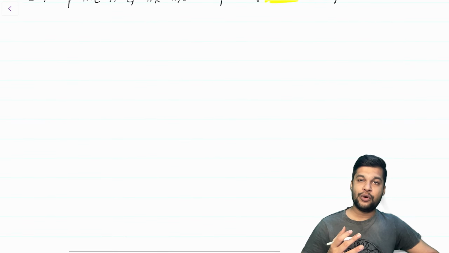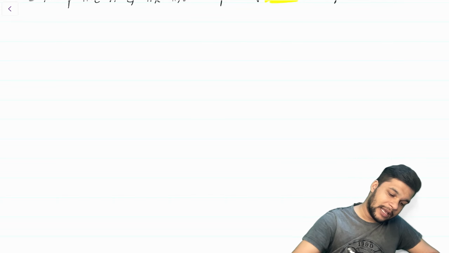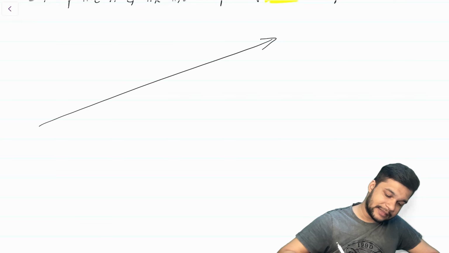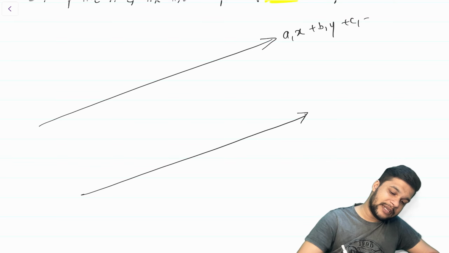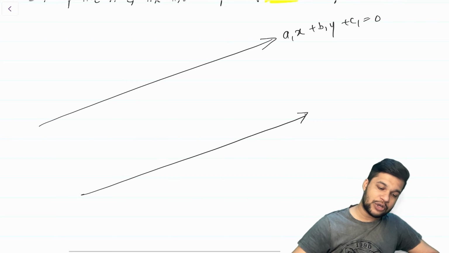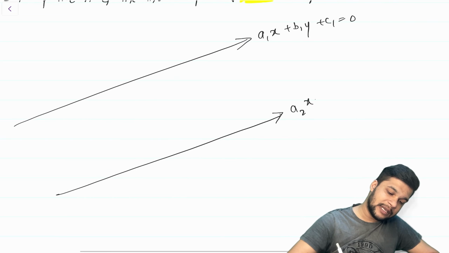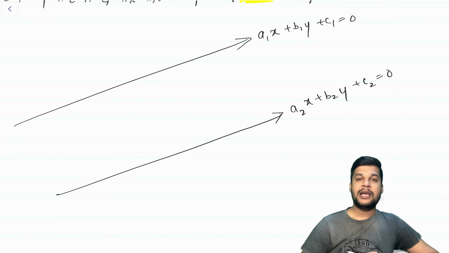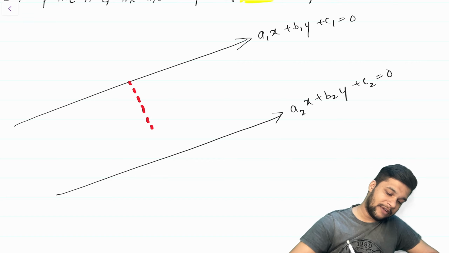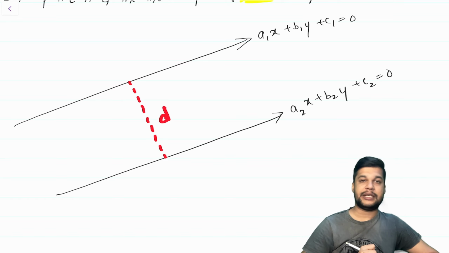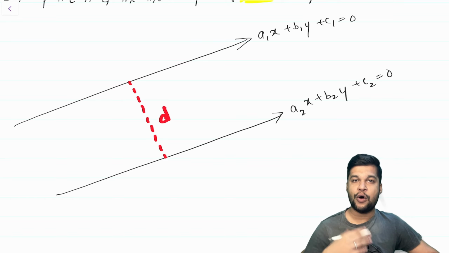Now the second and the most important concept. Let's say you have two parallel lines. Let's say the equation of the first line is a1x plus b1y plus c1 equal to 0, and the equation of the second line is a2x plus b2y plus c2 equal to 0. How do I find the perpendicular distance d between these two parallel lines?